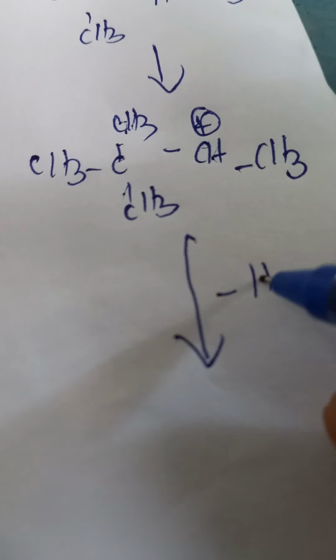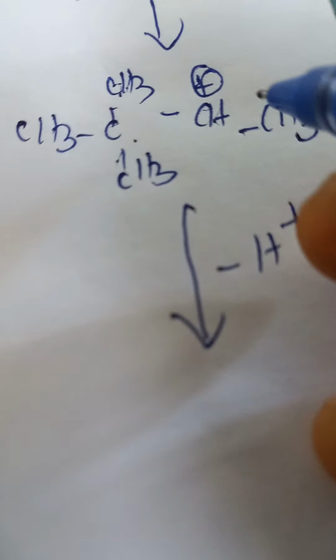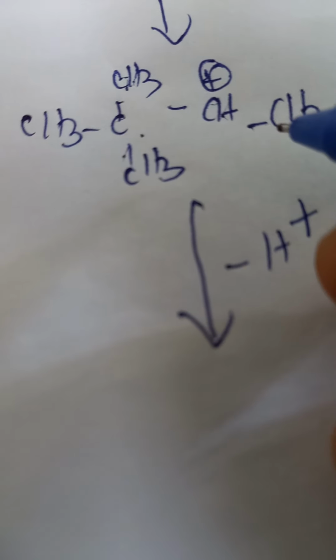Now, from this, minus H plus: removal of a hydrogen atom from the beta carbon, either this one or this one. Removal from the beta carbon is called beta elimination.